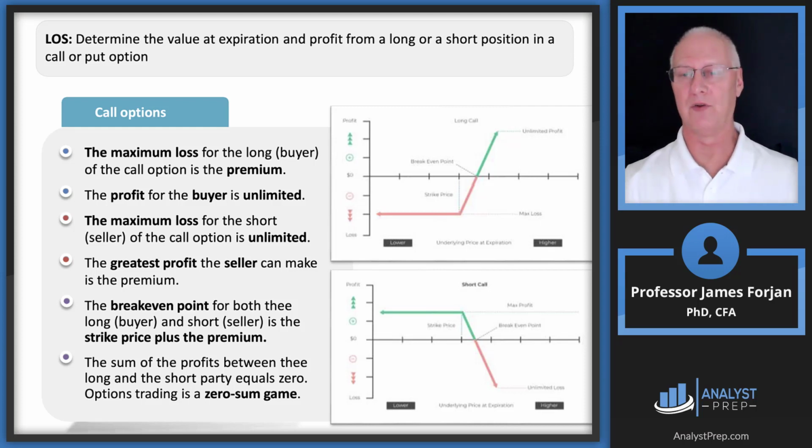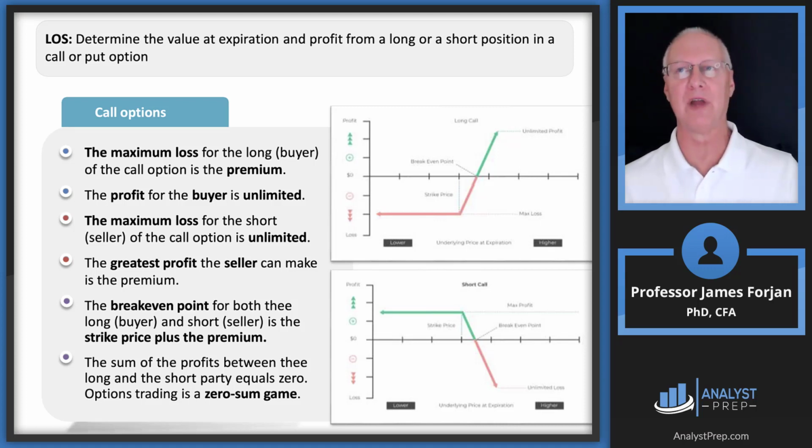So there's the graph underneath, right? If you write the call option, if you sell the call option and the price goes up, that means you can lose an infinite amount of money, or an unlimited amount. Now, when I write the option, what am I hoping? Let's go back to my example where we had a $100 stock price, $100 exercise price, and let's suppose the call premium was $5.